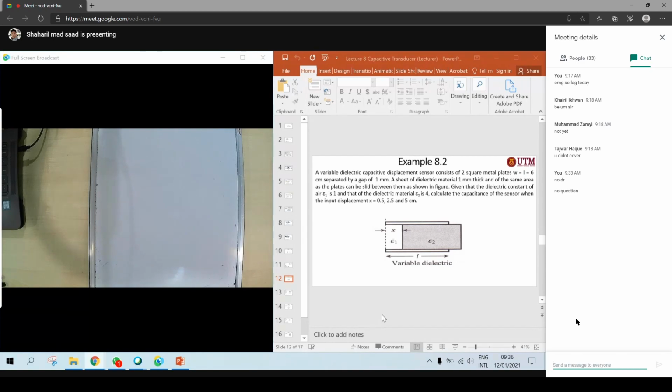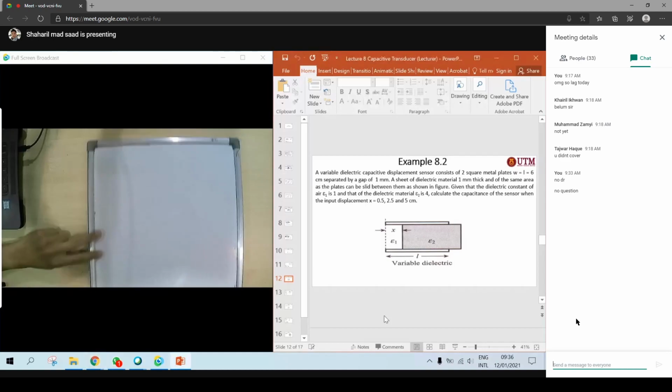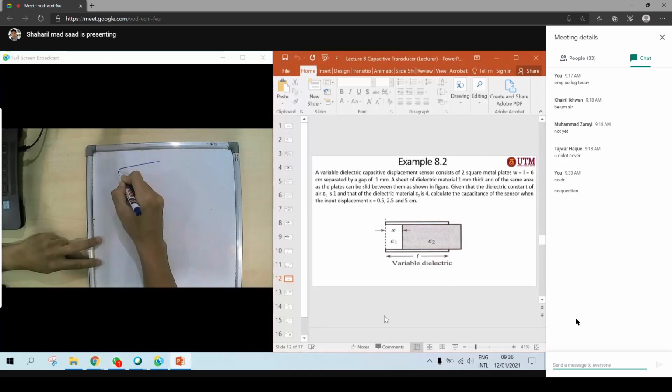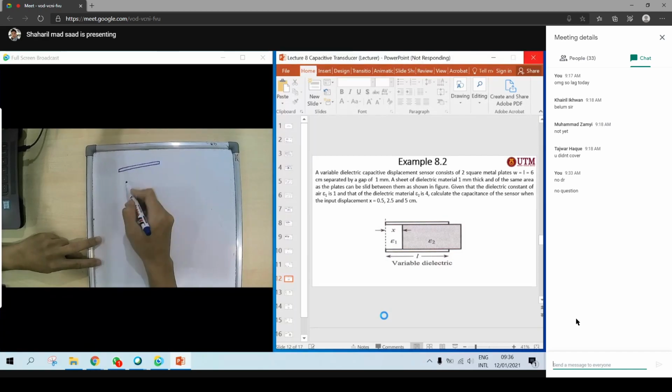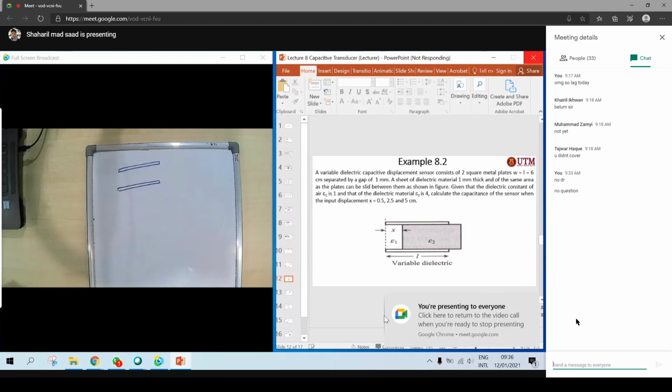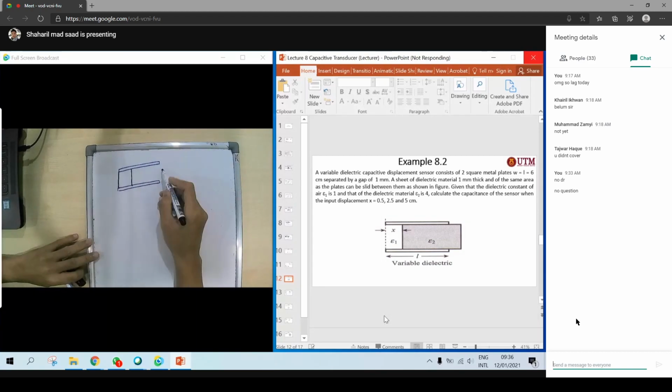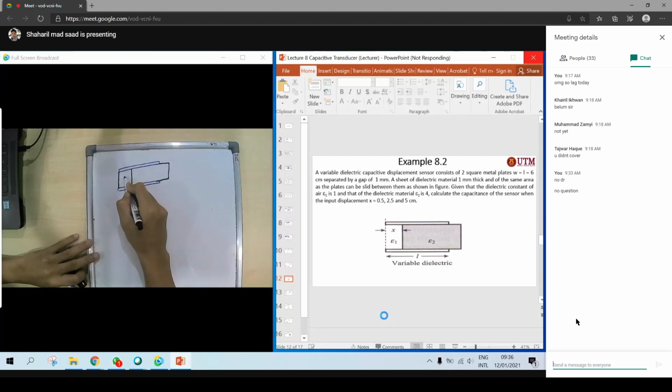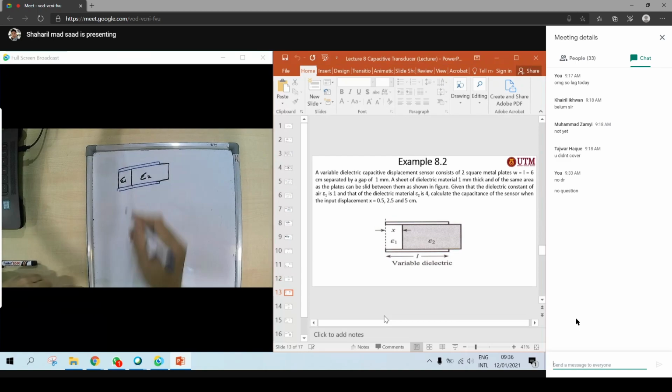Okay, this one is quite simple. Actually, there are two capacitances there. If you look at this, this is your E1, this is your E2, and this is your length here.